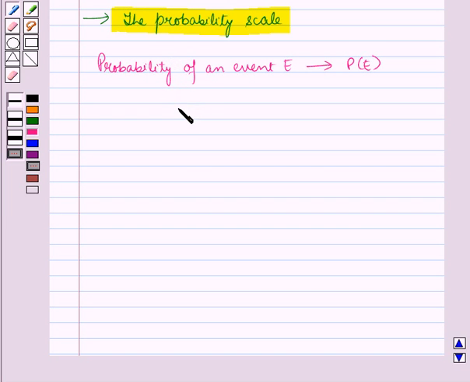That is, probability of an event E is greater than or equal to 0 and less than or equal to 1.